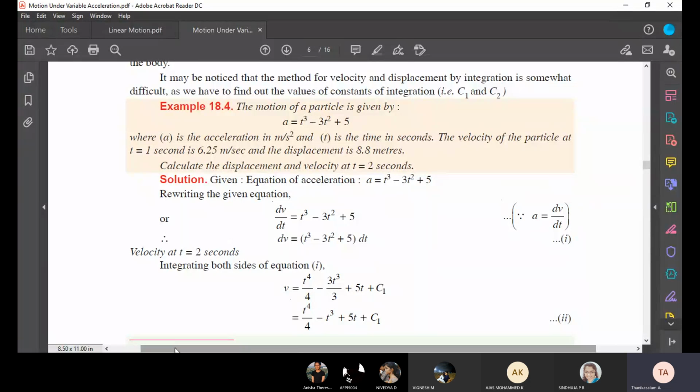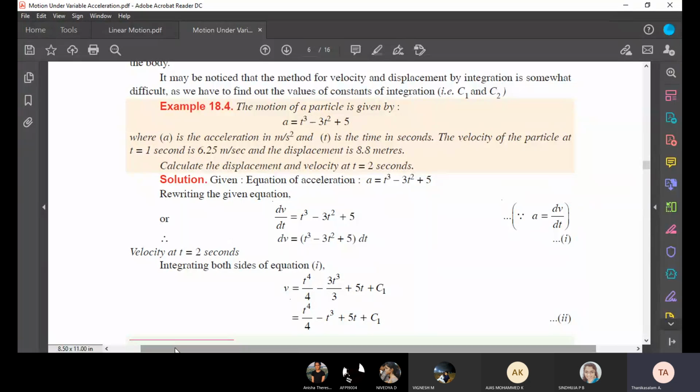Now they have given a condition already. The velocity of the particle at t: when t equal to 1 second, the velocity is 6.25 meters per second, and the corresponding displacement traveled by the particle is 8.8 meters. Understand? So the condition is already given.